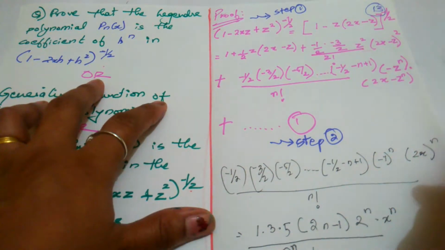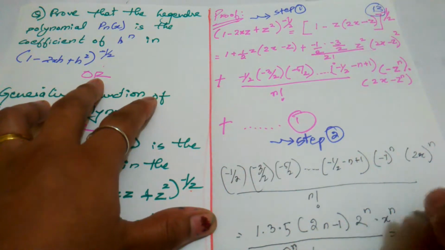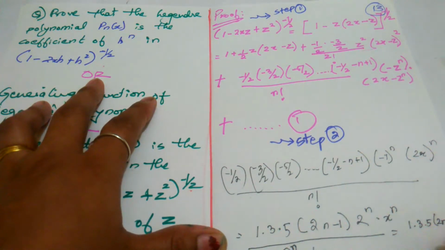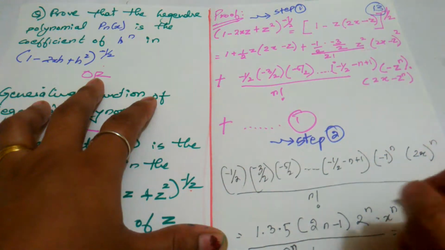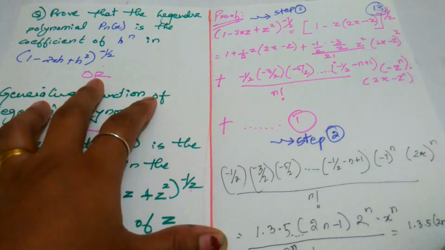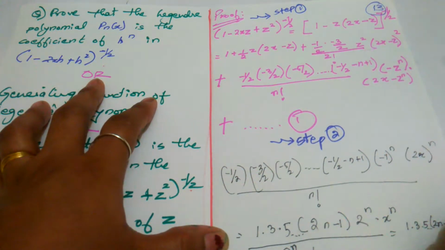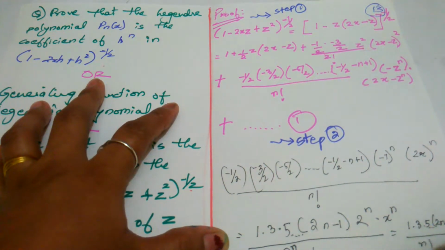The 2 raised to n cancels. As a result we will get 1 into 3 into 5 up to 2n minus 1, dot dot dot, higher powers, x raised to n divided by n factorial.